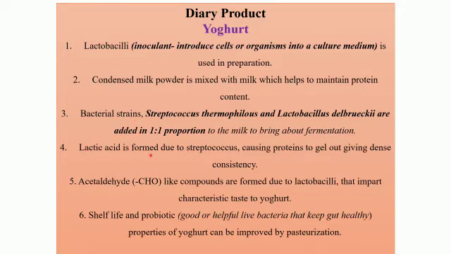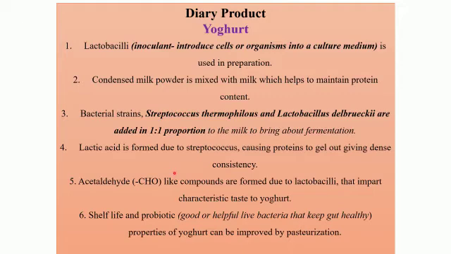Lactic acid is formed due to Streptococcus causing proteins to gel out, giving dense consistency. So we know that the yogurt or the curd that we have at home is of a solid consistency. This is achieved due to Streptococcus, which forms lactic acid. Now in the previous slide we have seen how the lactose in the milk, that is sugar in the milk, gets converted to lactic acid due to the microbes that we are adding.